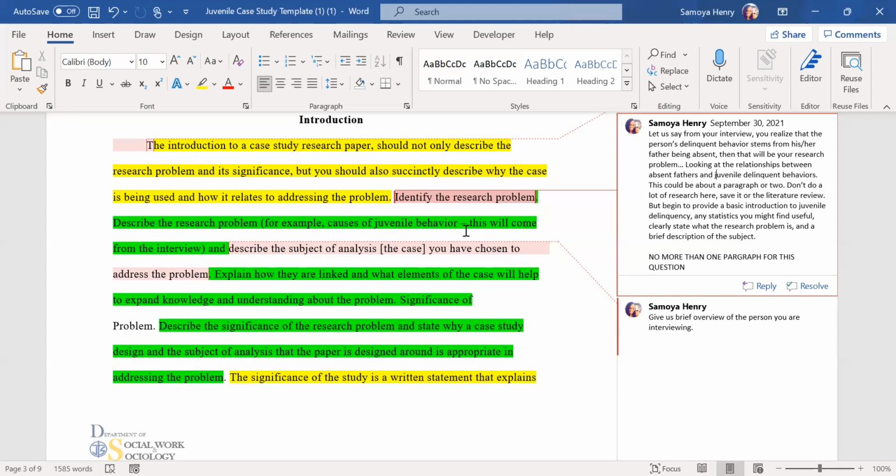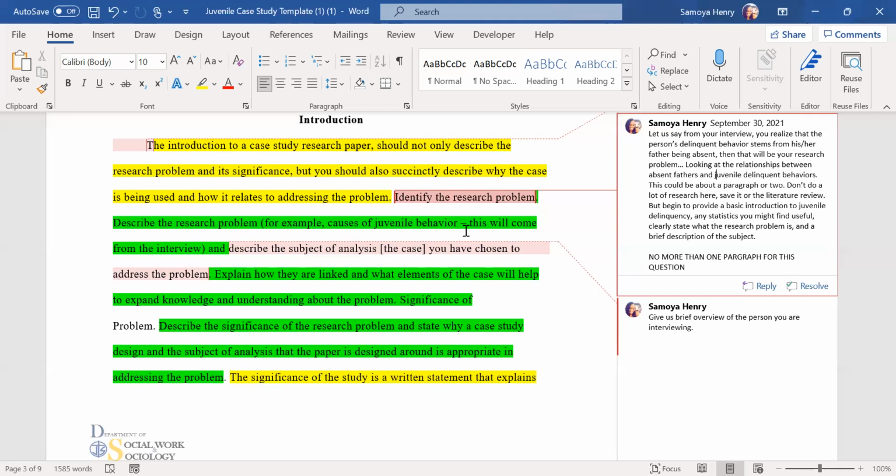I was looking at one draft from one of your classmates, and based on the interview, the person she interviewed lost both parents and ended up in the foster care system. It was from being in the foster care system that those behaviors began.